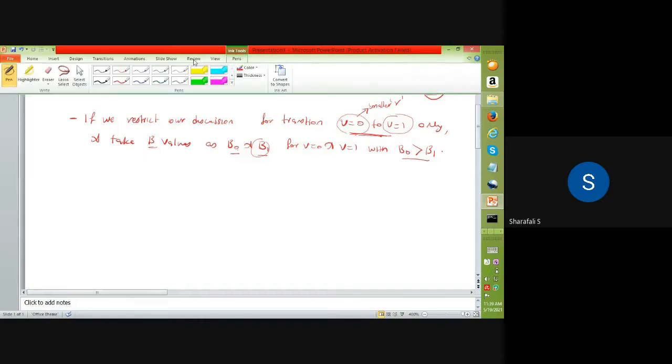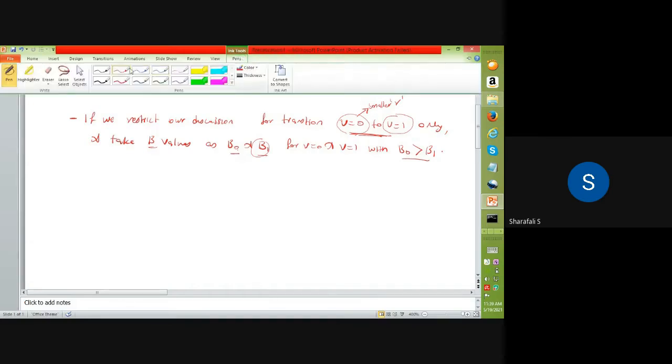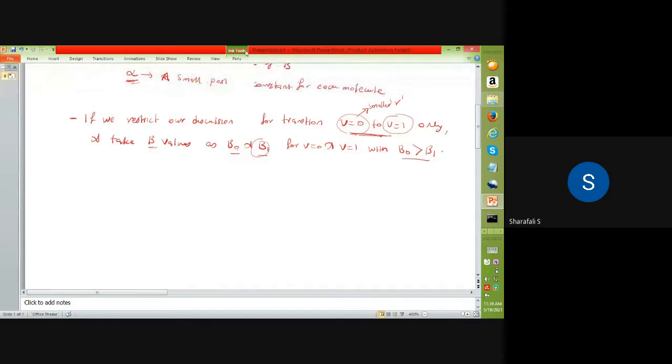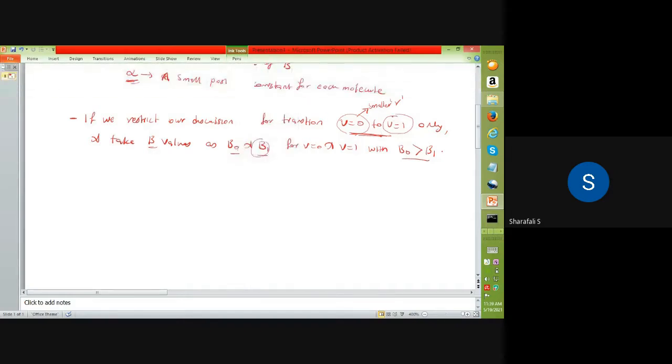If you go to any higher level, we will have a larger bond length, and larger bond length means higher vibrational energy.